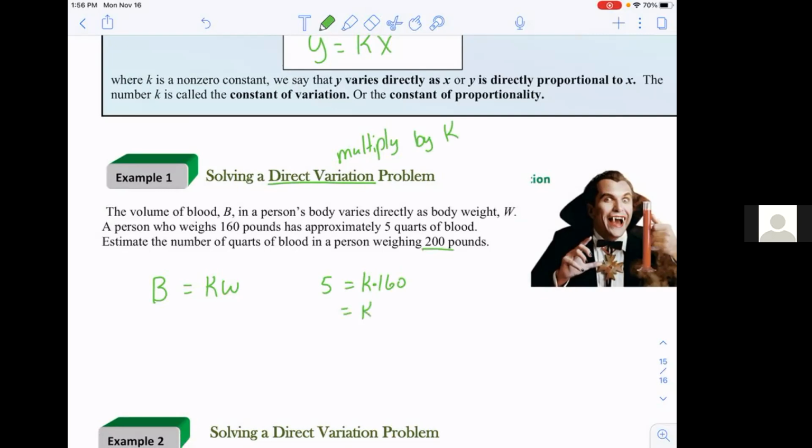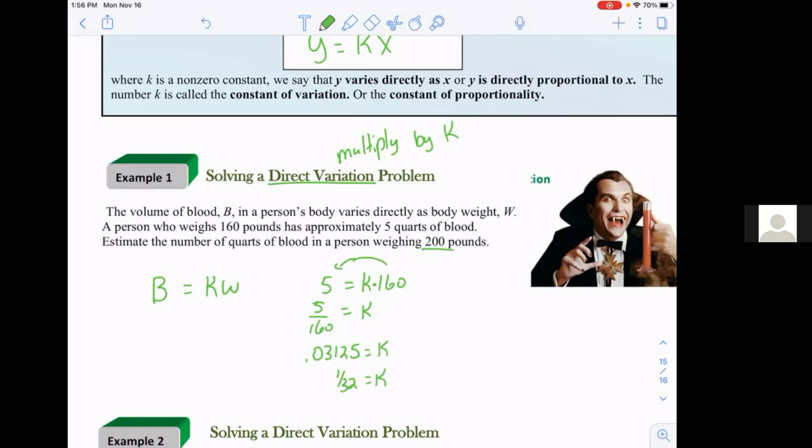So that means that the ratio of blood to body weight, excuse me, is going to be 5 out of 160 as I divide that 160 over. So what is 5 divided by 160? So that's 1/32.